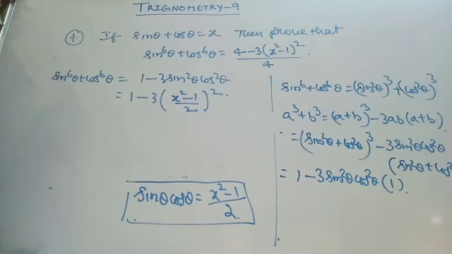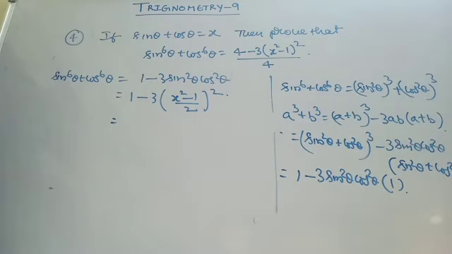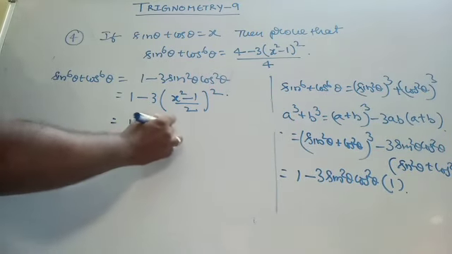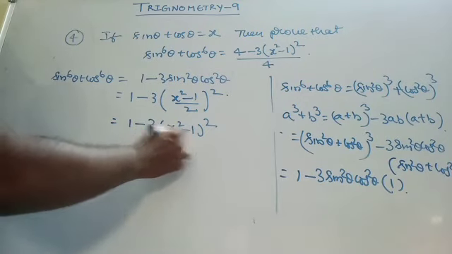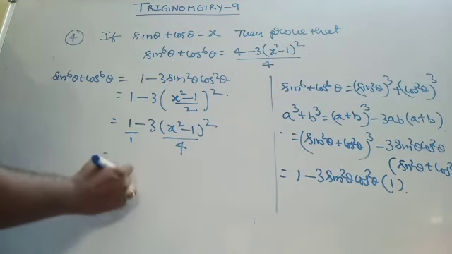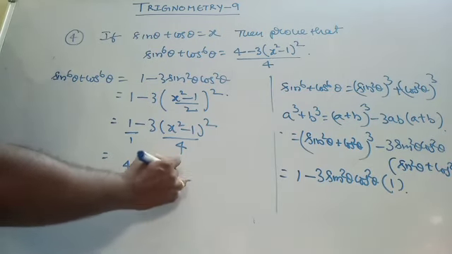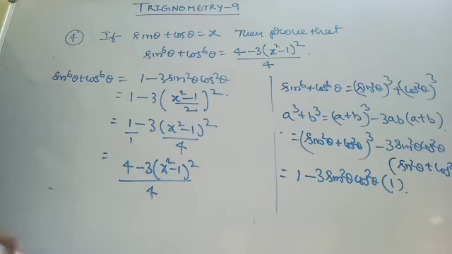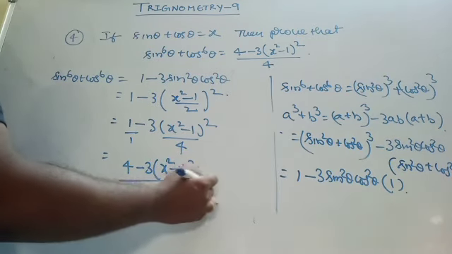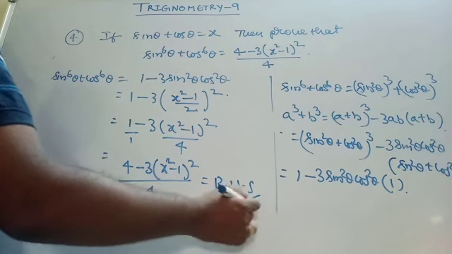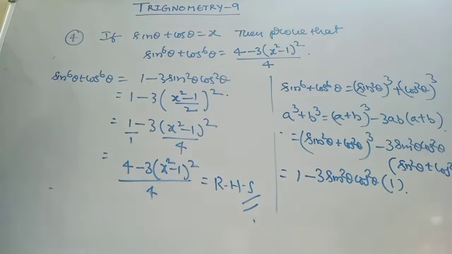If we simplify, 1 minus 3 into (x square minus 1) whole square by 4. Taking the LCM, this is 4 minus 3 into (x square minus 1) whole square, by 4. This is what you require to prove the right hand side part, my dear students. How beautifully it got simplified and brought into the right hand side very nicely, right? You please observe.